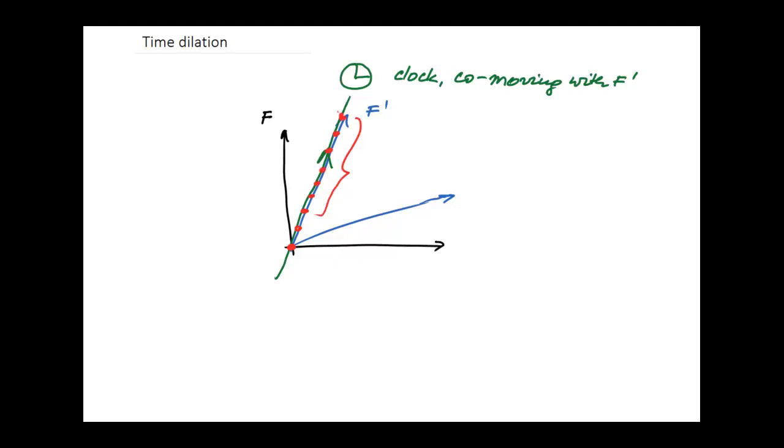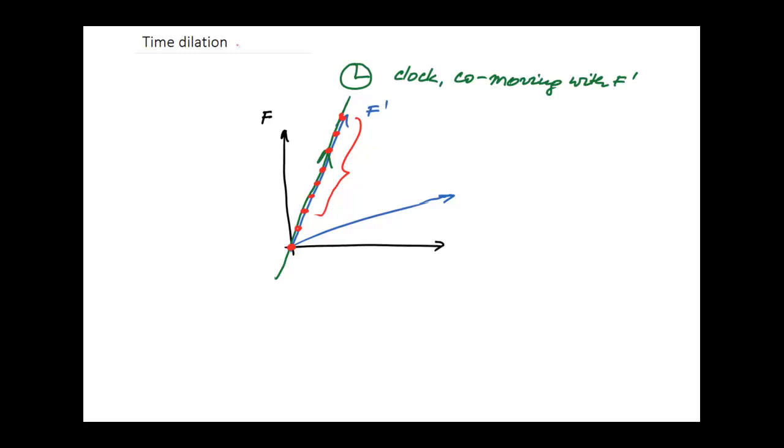Now this here, what I denoted with this brace, that is one time unit in F primed. So we go from the origin of this space-time reference frame to the tip of the basis vector E naught primed, and this corresponds to one time unit in the primed frame.